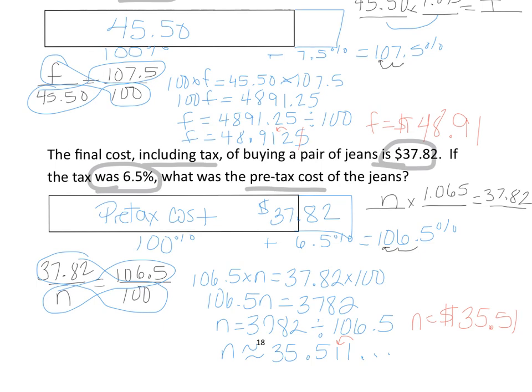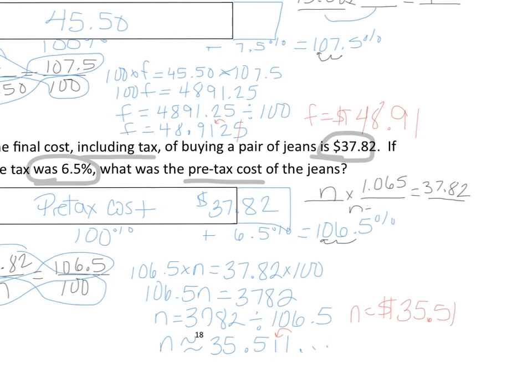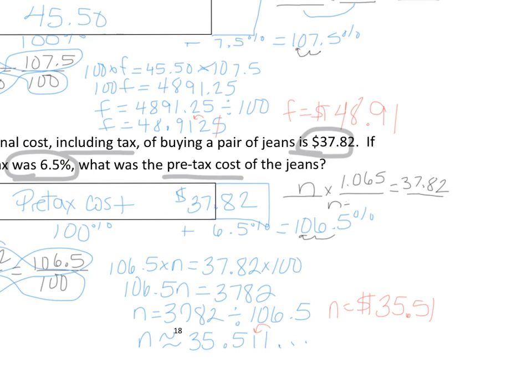So what we have to do is say $37.82 divided by the 1.065, and then we round and we still get $35.51.